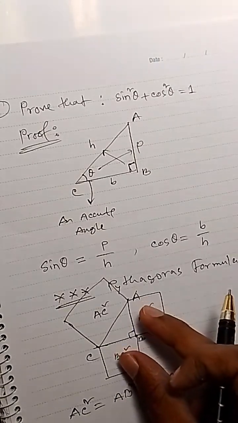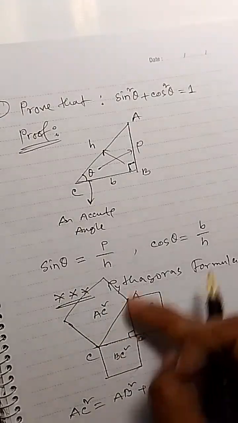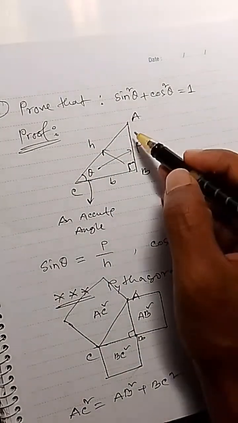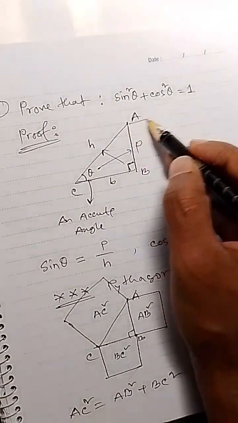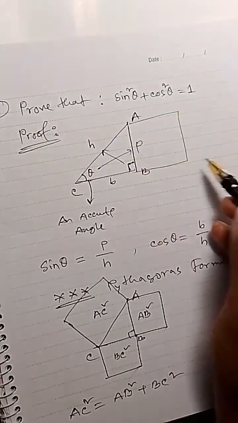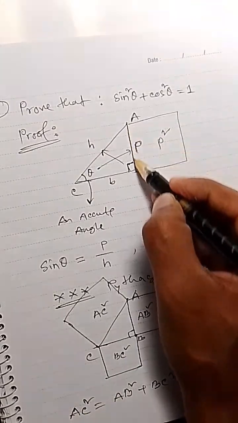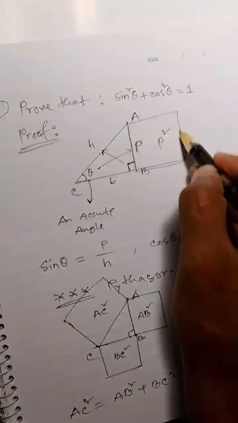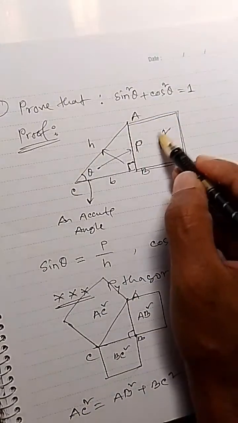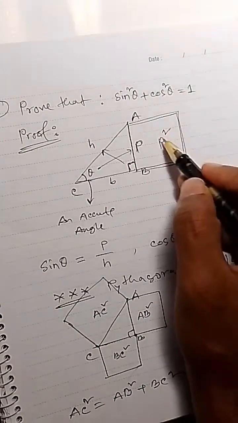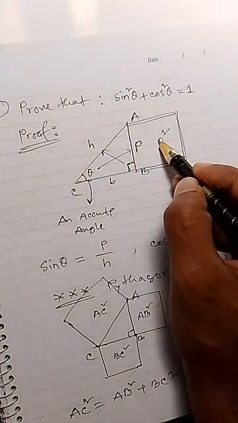And if you compare this triangle with this one, then here you can say that this is nothing but p square. So this one is p, so the area of this portion is p square.